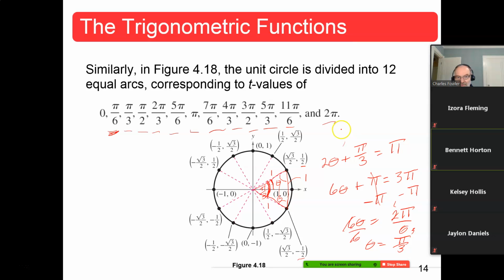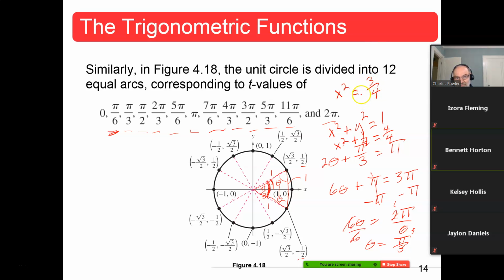But we also know that x squared plus y squared is equal to 1 on the unit circle. If this y is 1/2, which we just found out it was, that means x squared plus 1/2 squared, which is 1/4, is equal to 4/4. Isn't that 1? So subtract 1/4 from both sides, you get x squared is equal to 3/4.